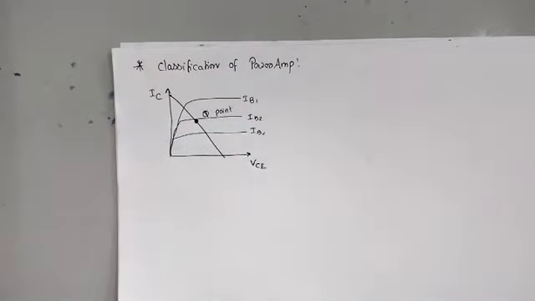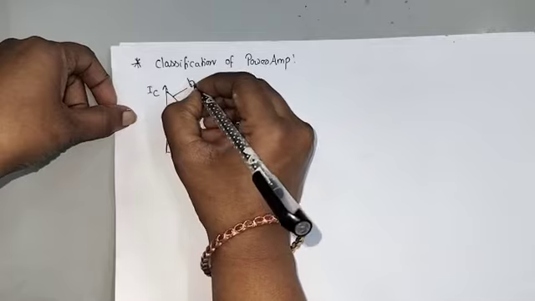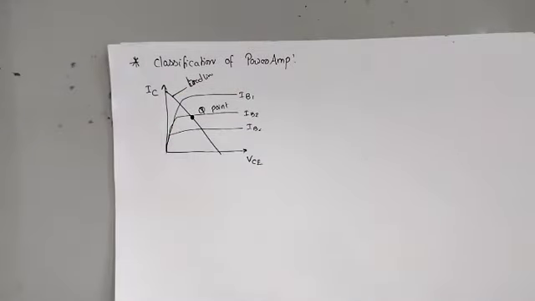The power amplifier is said to be a class A power amplifier if the Q point is approximately at the middle of the DC load line. In a class A power amplifier, the IC current, which means the output current, flows for the full 360 degrees.